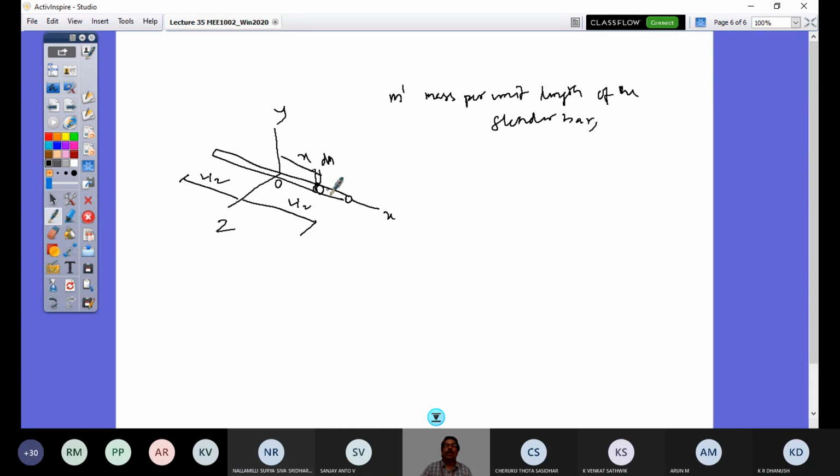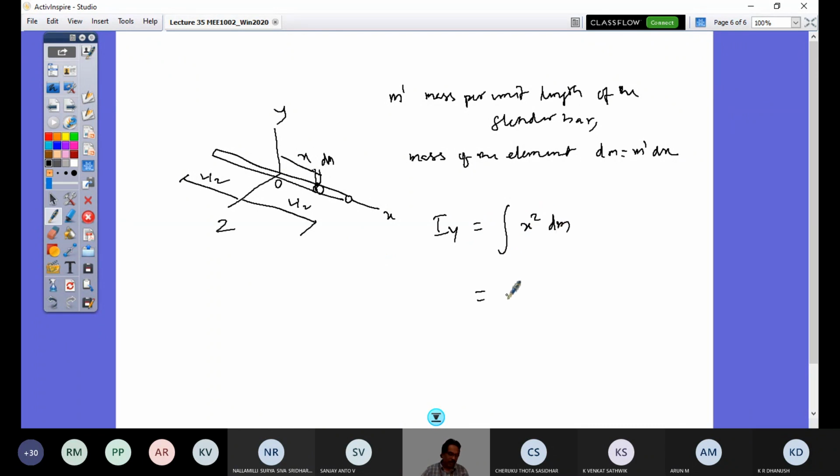If that is so, what is the mass of this element? The mass of the element dm would be m dash into the length of the element dx. So if I have that, now I can find Iy. About this y-axis, what is its rotational inertia? To find out, Iy would be equal to the integral of x squared dm.